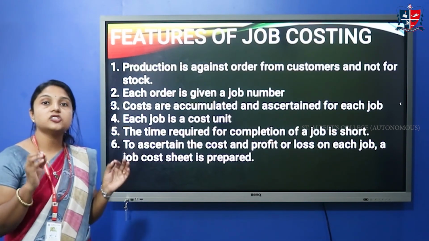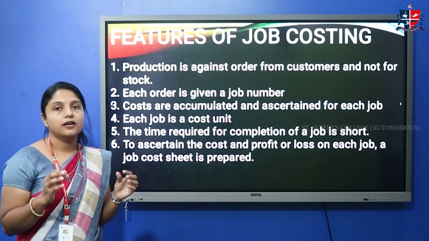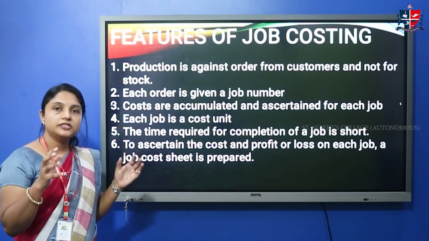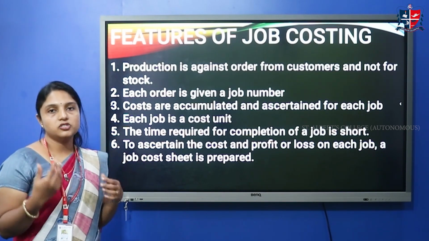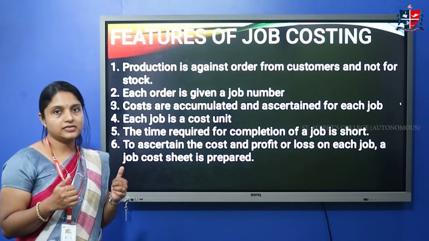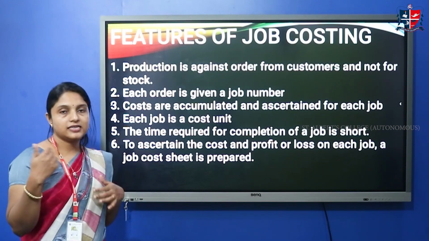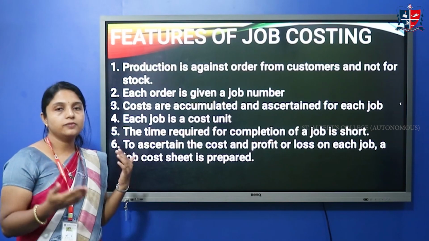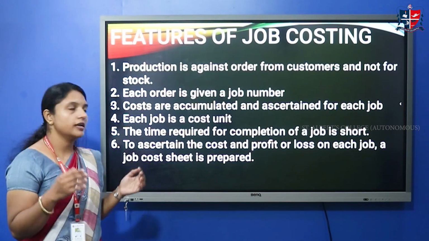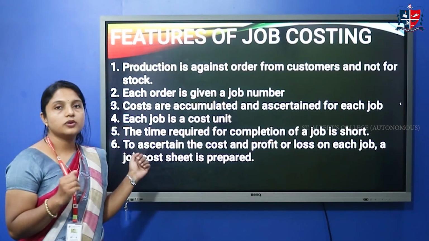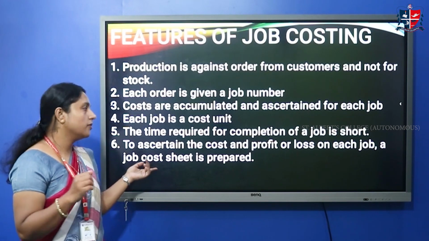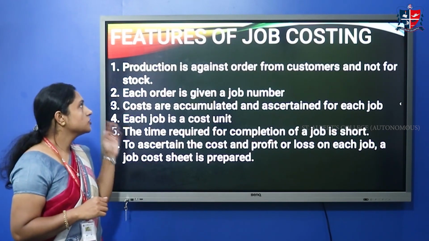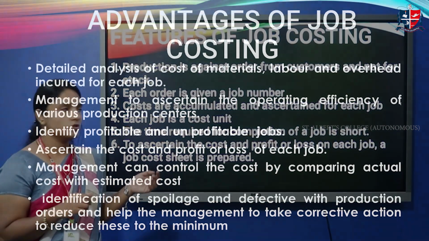Each job is considered a cost unit. The time required for completion of a job is very short compared to contract costing. To ascertain the cost and profit or loss on each job, a job cost sheet is prepared. So these are some features of job costing.